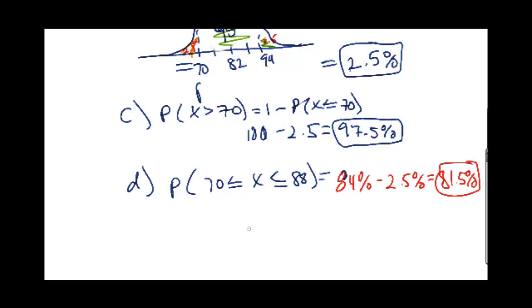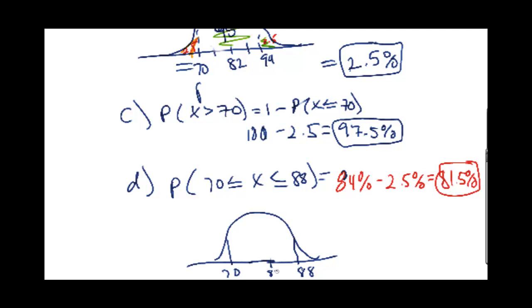So what we did on the curve there was, here's your normal curve. We wanted in between these two lines that I just drew, the 88 and the 70. Since it's 2 standard deviations to the left and just 1 to the right, I have to be closer to the point on the right.